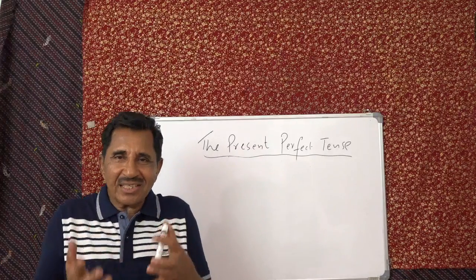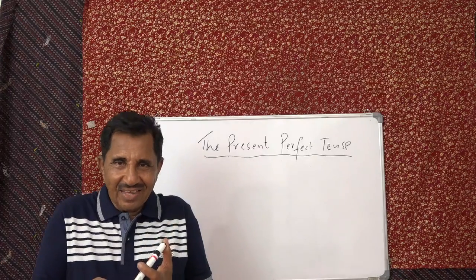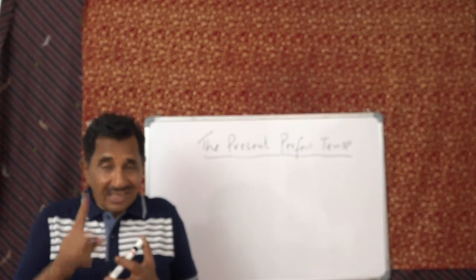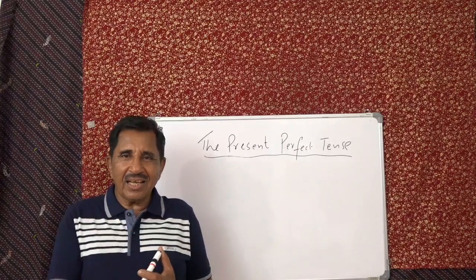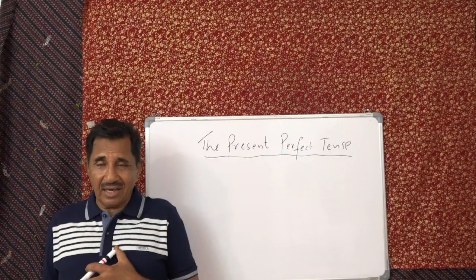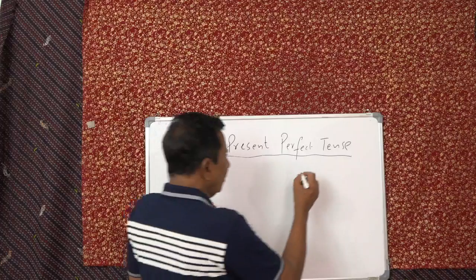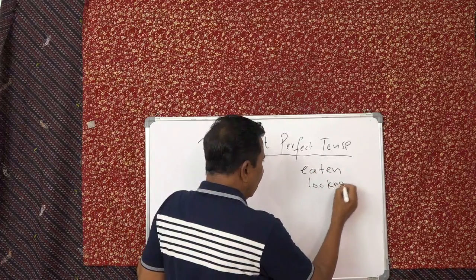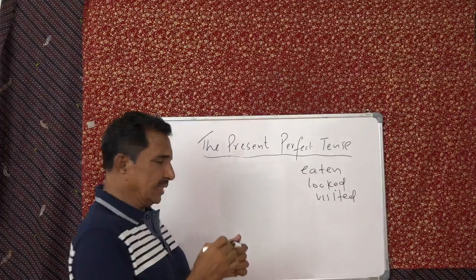And that is always carried by the first word in the sentence, in the verb. If there are two words, only the first word can indicate the tense marker, or the tense marker can be attached to that. See, in this case, the past participle of any verb, eaten, or looked, or visited, they have no tense.